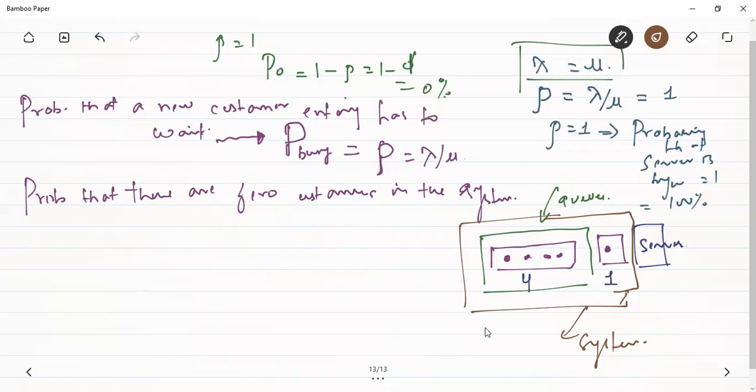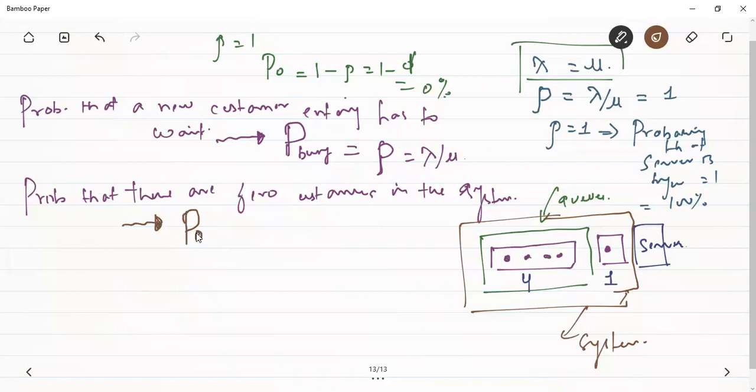So probability that there are zero customers in the system, कब कोई कस्टमर सिस्टम में नहीं होगा, that indicates that it is talking about the probability that the server is idle.